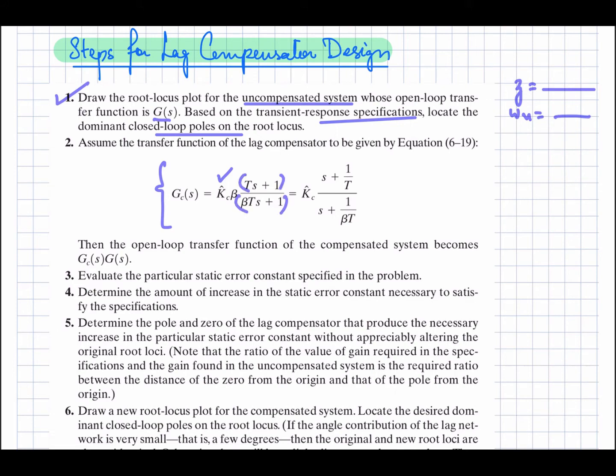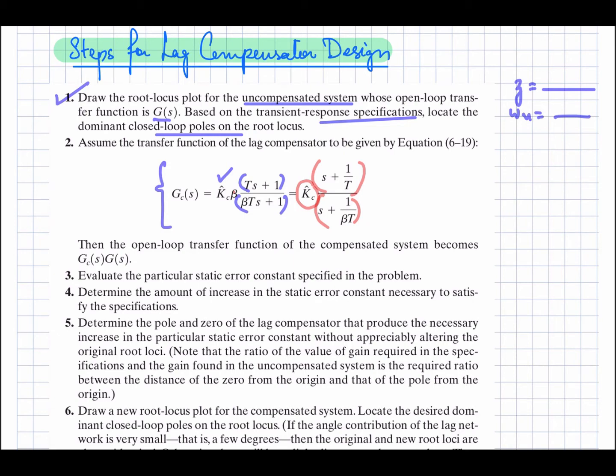So we can write this equation like that: Kc into, if we shift this beta inside, (s plus 1/tau), and the beta, if taken out from the denominator, will be cancelled out over here. So we can write this pole and zero like this.